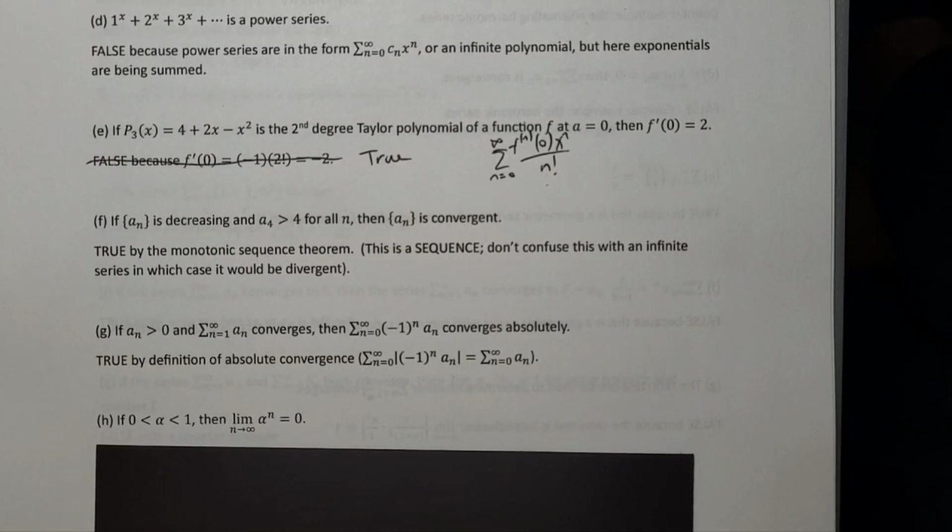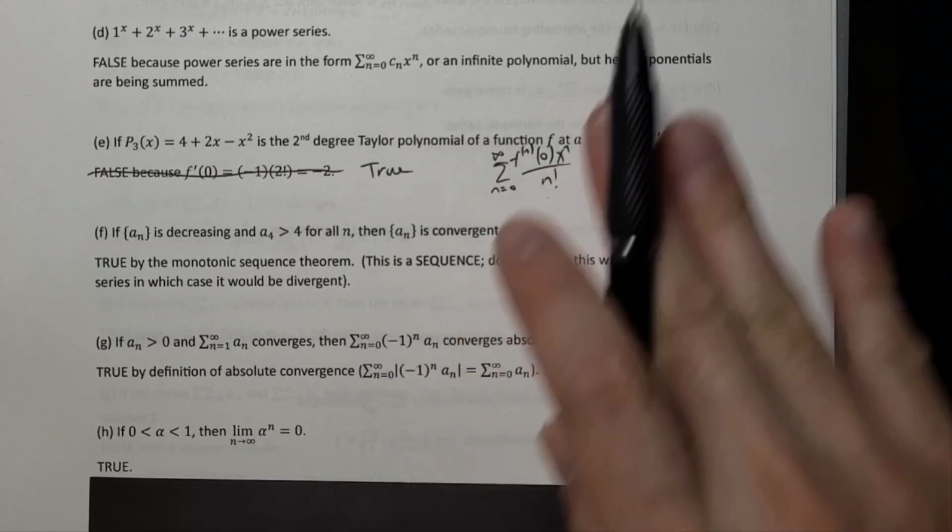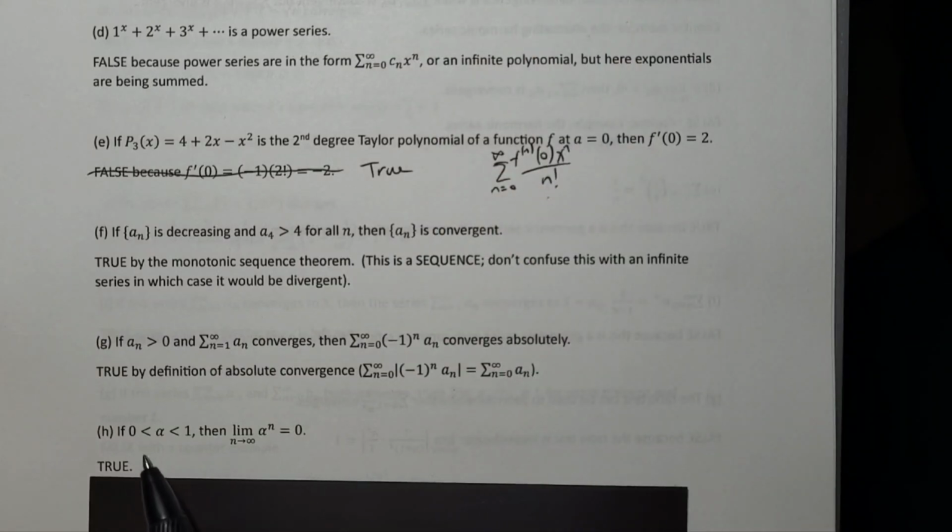Next, if 0 is less than alpha, less than 1, then the limit as n goes to infinity of alpha to the n power is 0. That is true because if it's bigger than 1, that's an exponentially growing function. If it's between 0 and 1, that's an exponentially decaying function.